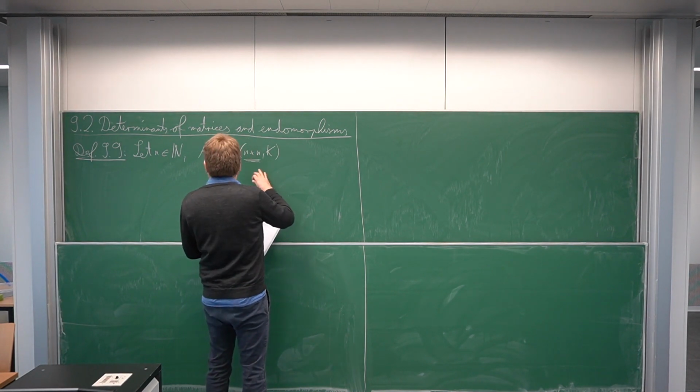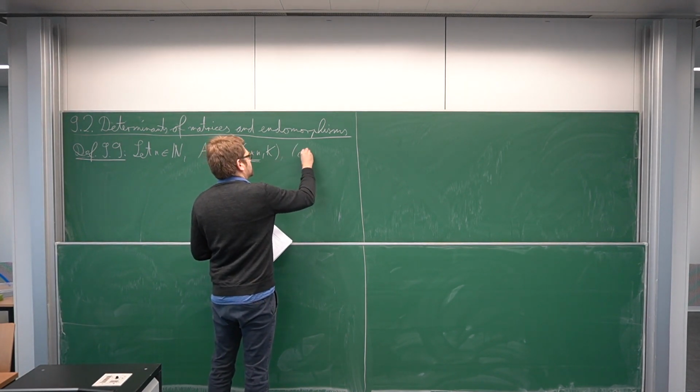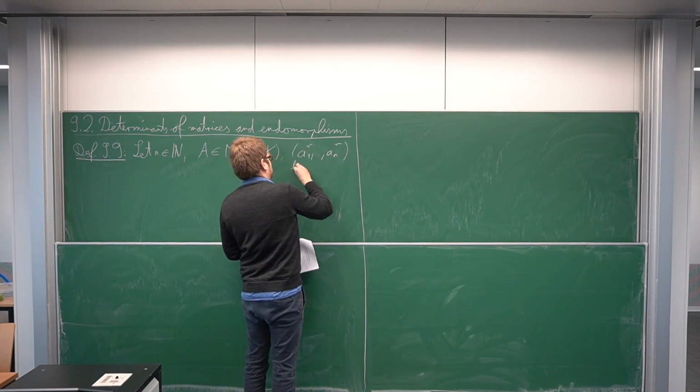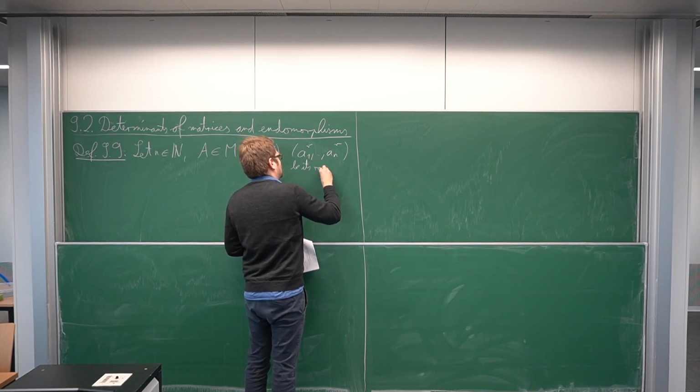Okay, so we have a matrix A, and we let the row vectors be AR1, similar as before, to ARn, be its rows.